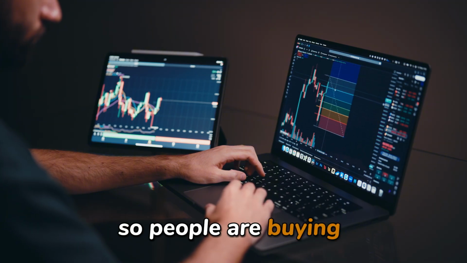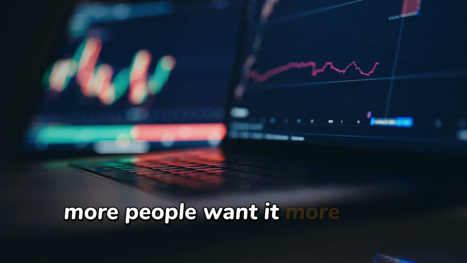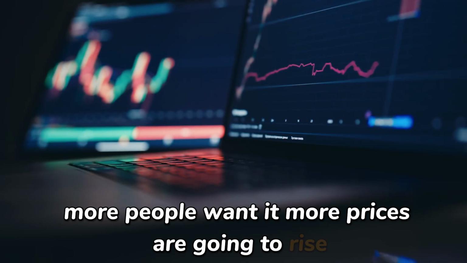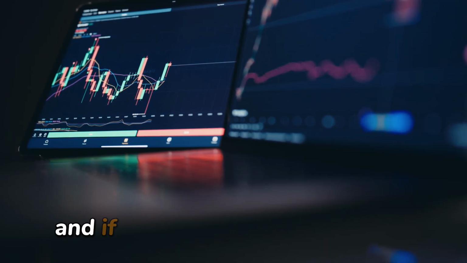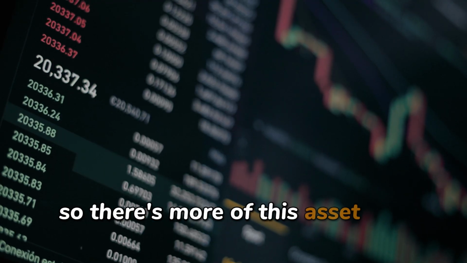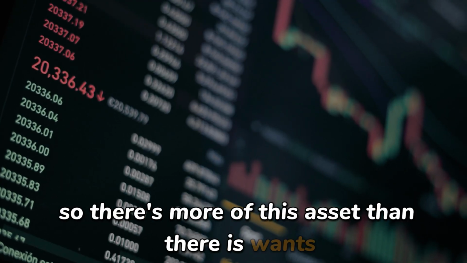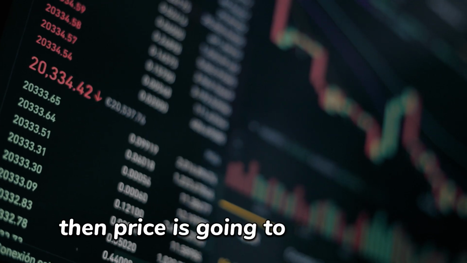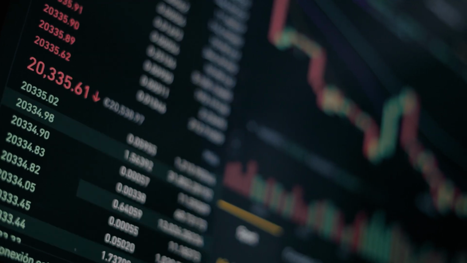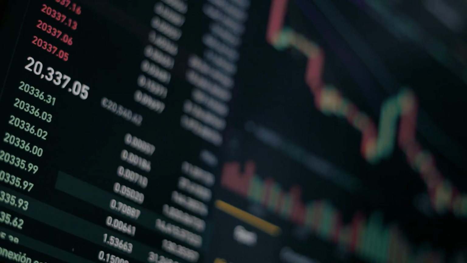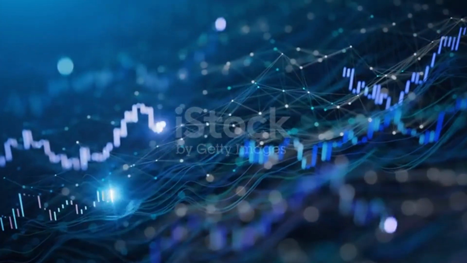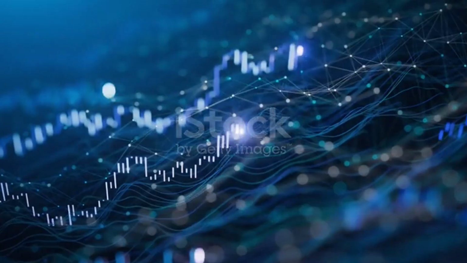And so the price reaction to this is, if there's more demand than supply, so people want it more, prices are going to rise. And if supply is more than demand, so there's more of this asset than there is want, then price is going to fall.